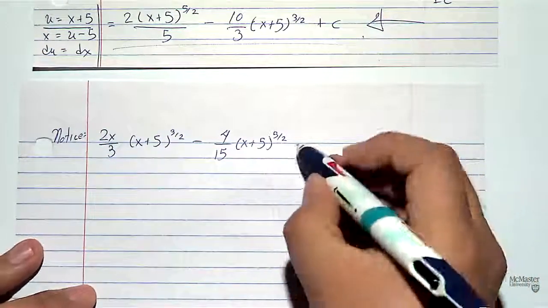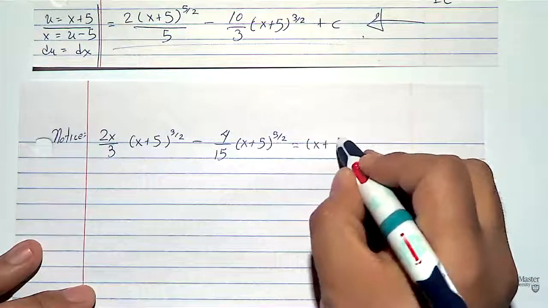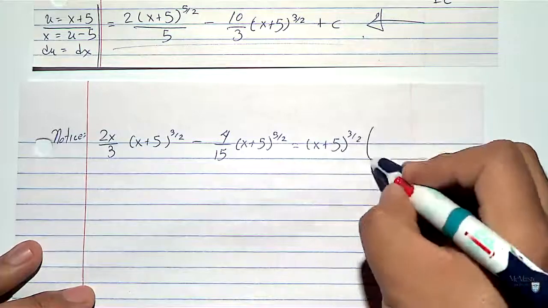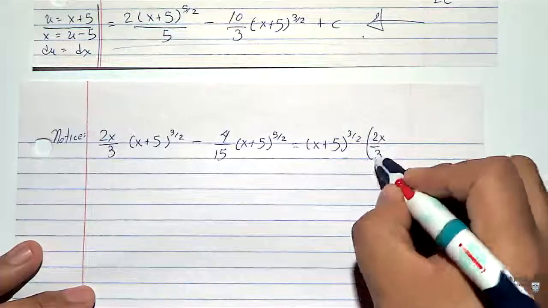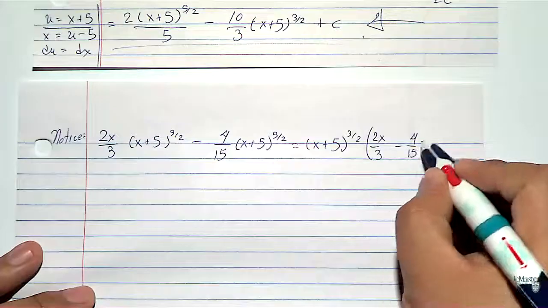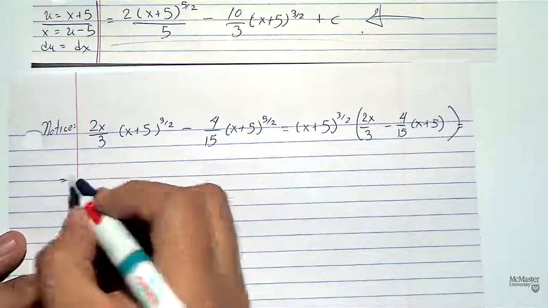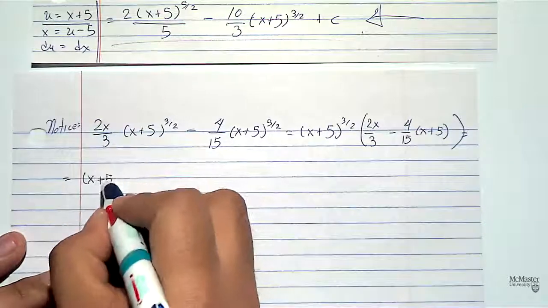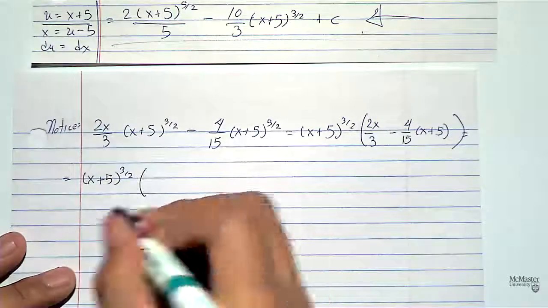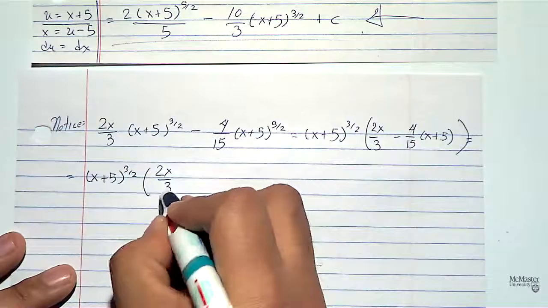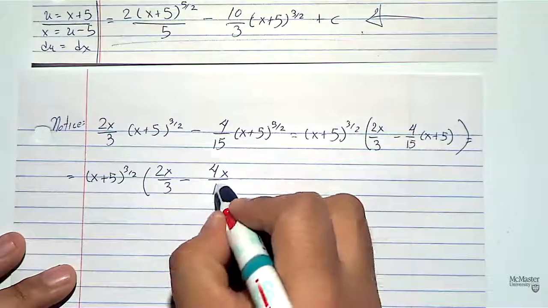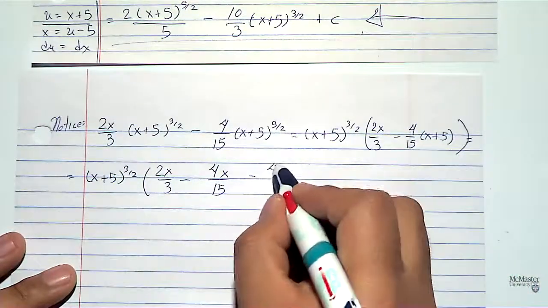So first of all, you could factorize x plus 5 to the 3 halves, then you have the factor 2x over 3 minus 4 over 15 times x plus 5. So that would be equal to x plus 5 to the 3 halves. If you do some computations, you have 2x over 3 minus 4x divided by 15. Then you have the other term, minus 4/3.